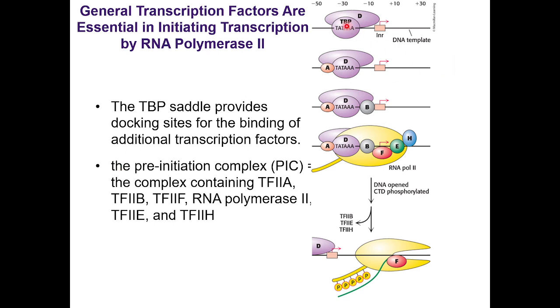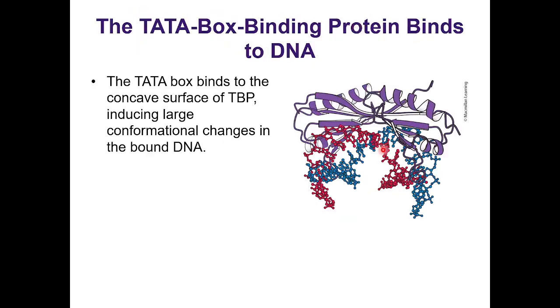Okay, so this right here again is your TATA. This is your TBP. What does that look like again? It looks like a saddle, is what they call it. I don't know how much you guys are exposed to horses, or anything you'd put a saddle on.